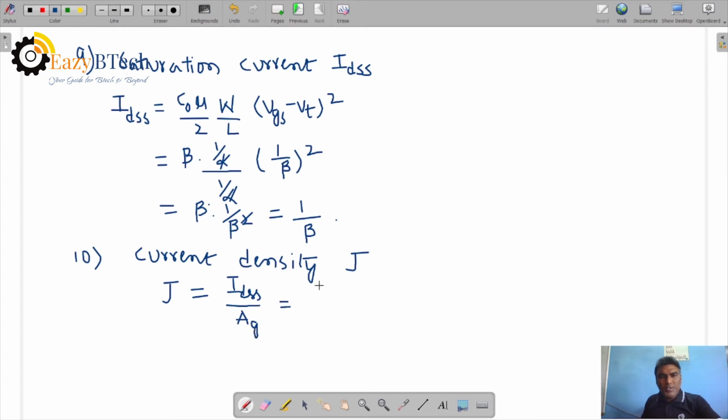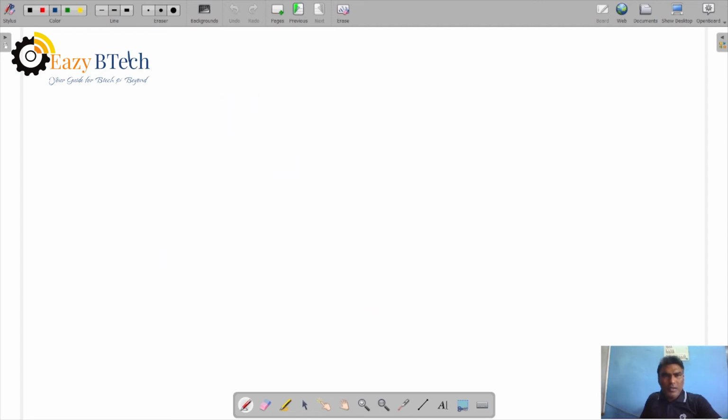Now IDSS means 1 by beta. Now AG is 1 by alpha square. So this is scaled by alpha square by beta, right? Let us see the next one, the 11th one, energy per unit area, energy per gate.